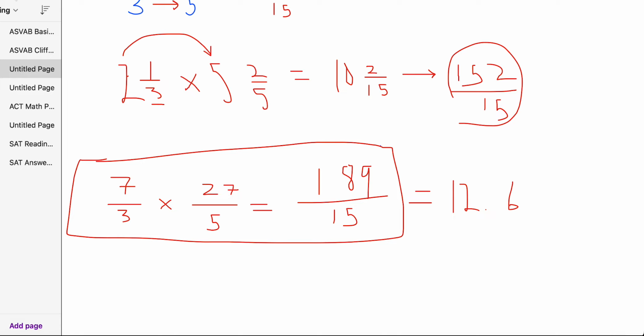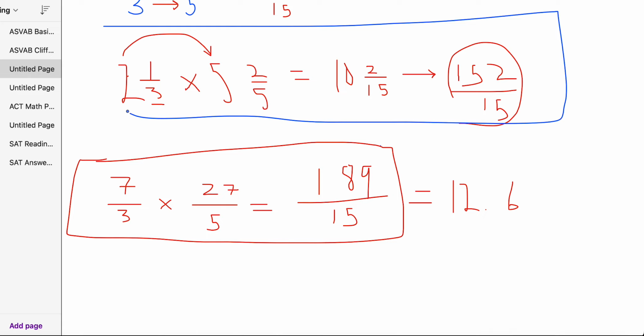And so, yeah, that was just to prove a point. You can't do it that way, this way. You can't take the whole numbers, multiply the whole numbers, and try to handle the fractions and then add them together. That doesn't work.